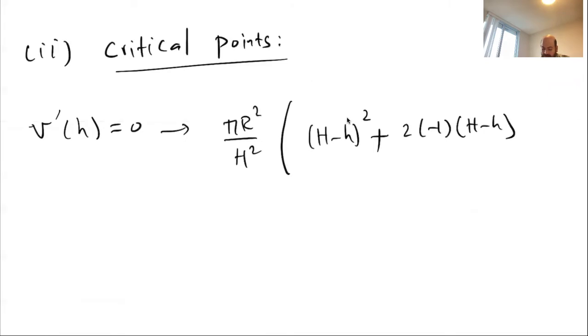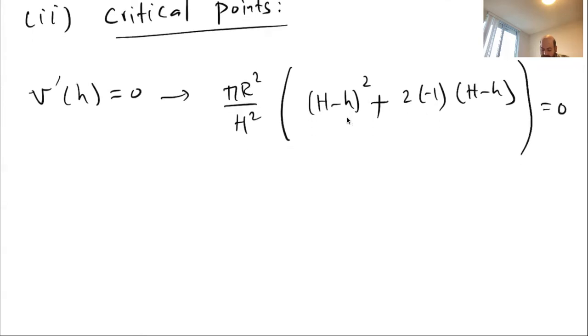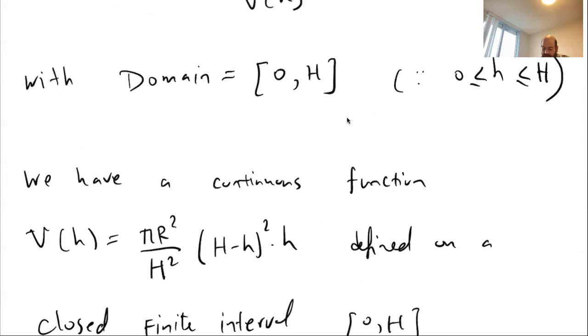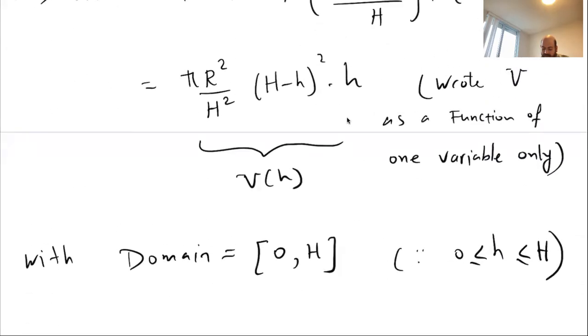And then this one equals 0. Then we have pi R squared over H squared, (H minus h), and then times h. This was, see, the derivative of uv, u prime v plus u v prime.